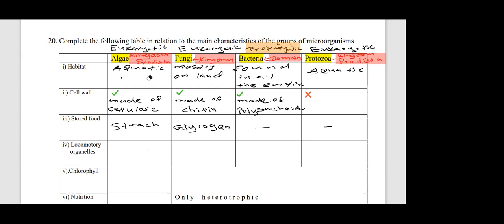If you take Chlamydomonas, a unicellular algae, it has flagella. So then we can write flagella for this. This hair-like thing is known as flagella or flagellum, and that is for locomotion.